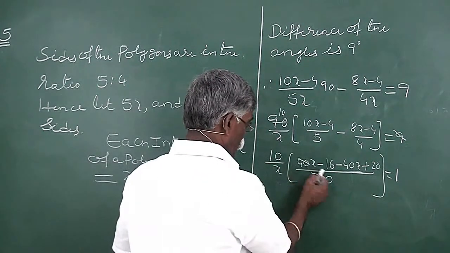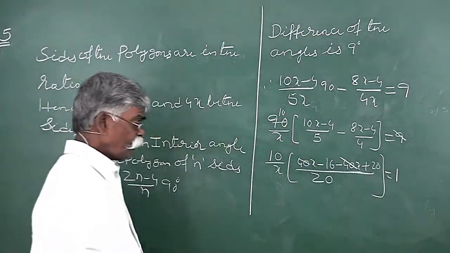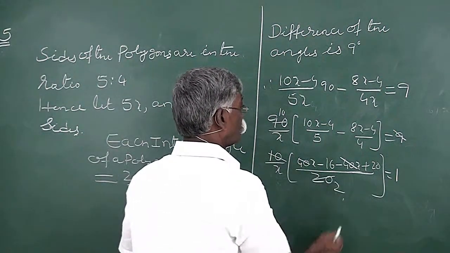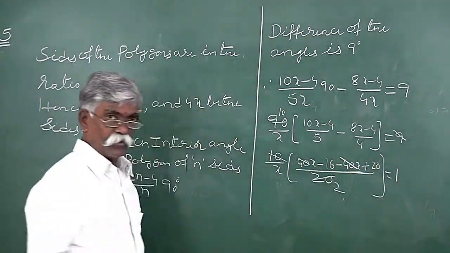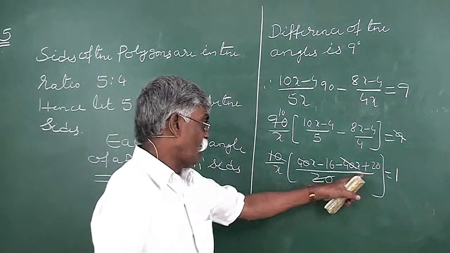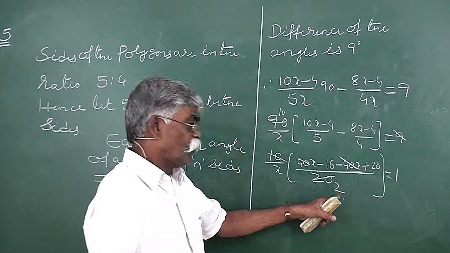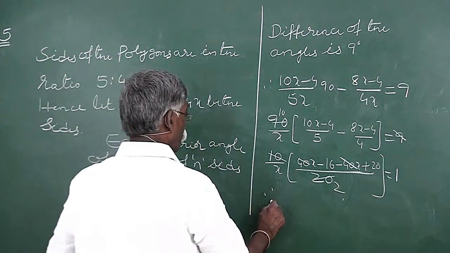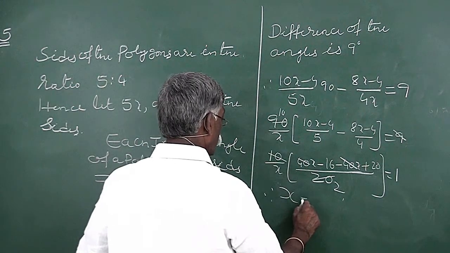So 40x gets cancelled and 10 goes 2 times here. So 20 minus 16 is 4, 4 by 2 is 2, x goes on that side, therefore x is equal to 2.